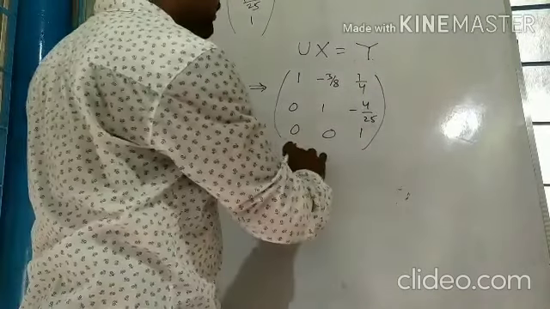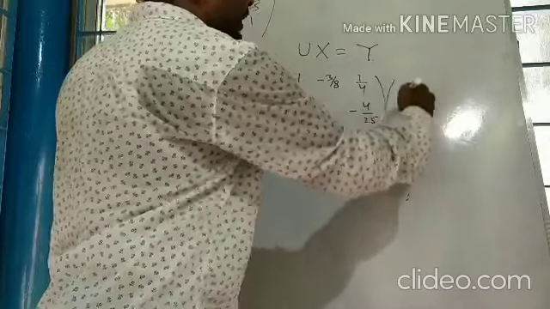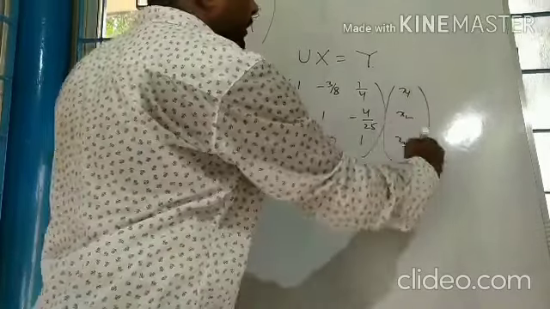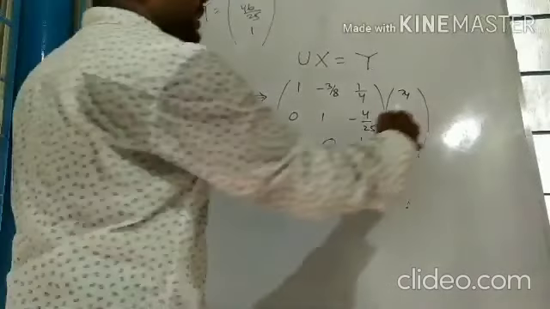This is the matrix U. Now what is vector x? Vector x is x1, x2, x3 equals vector y.